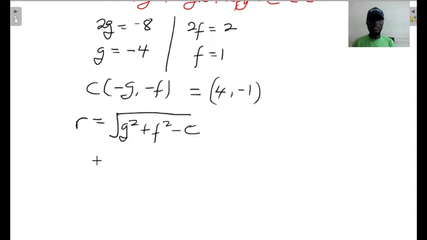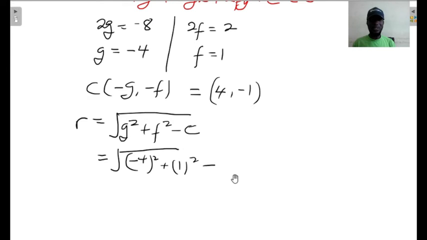It was explained there very well for you to know why we have this. So now let's substitute our values into it, meaning that the radius of our circle is going to be the square root of our g, negative 4, squared, plus our f, 1, squared, minus c.